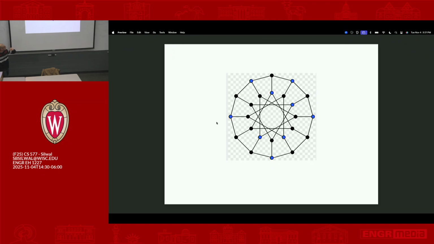Here the blue nodes are an independent set because they don't have any edges between them. So the input is a graph and a number like 10, or even n over 2. And I ask, does the graph have an independent set of at least that size? Can I find that many nodes in the graph that have no edges between them? It's a yes or no question.